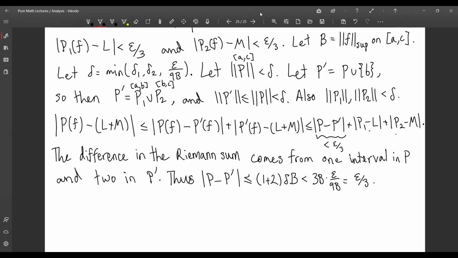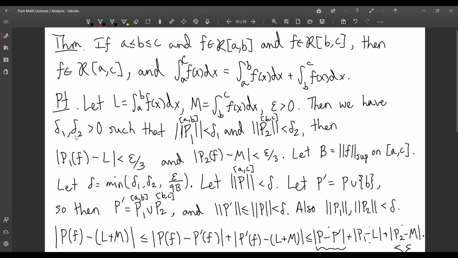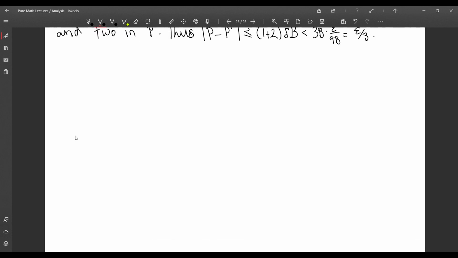And so therefore, we have epsilon over 3, epsilon over 3, epsilon over 3, so this whole thing is less than epsilon, which shows that this Riemann integral of f over AC is, in fact, the sum of the integrals over AB and over BC. Okay? And so that concludes the theorem.